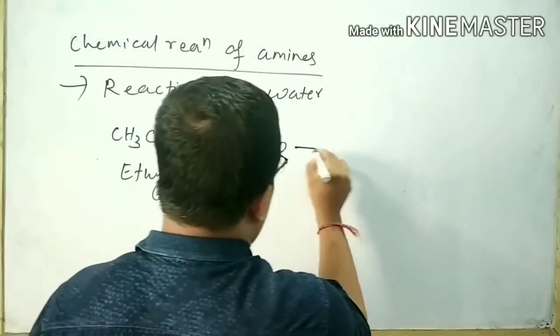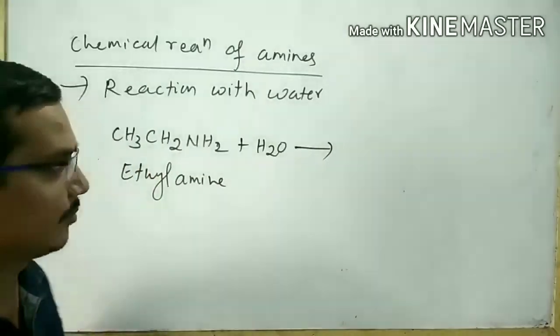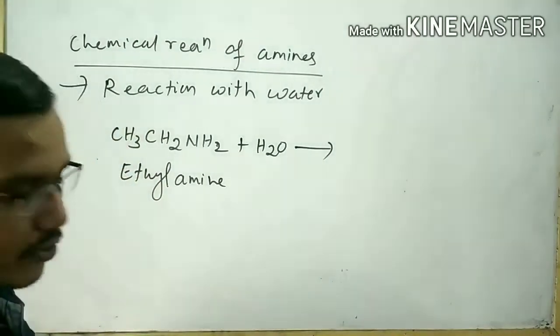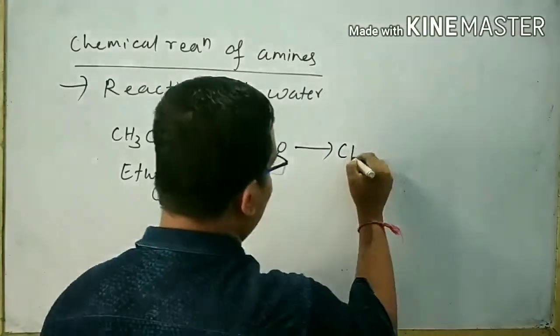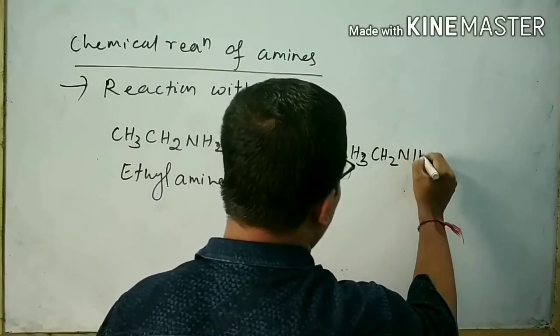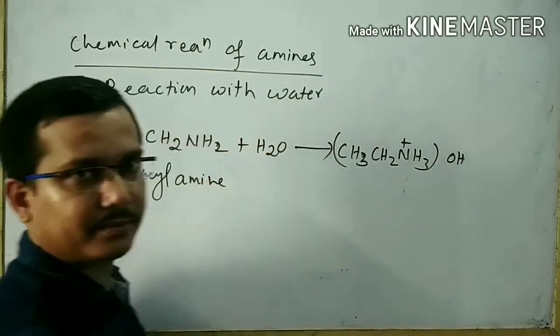An ammonium hydroxide product is formed, that is alkyl ammonium hydroxide. That means we can write here ethyl ammonium hydroxide product.